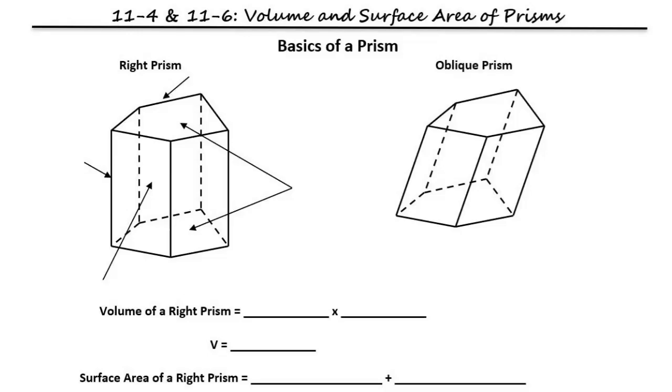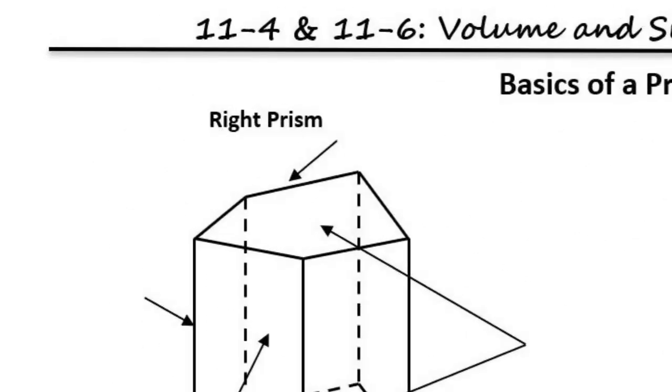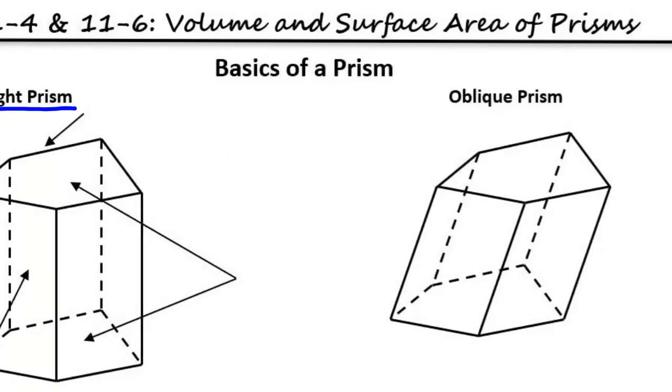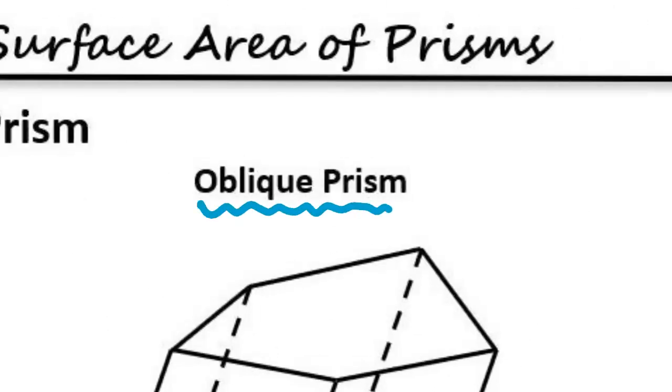All right. So we're going to talk about prisms today and tomorrow. Just like with cylinders and cones, we have a right prism and we have an oblique prism.